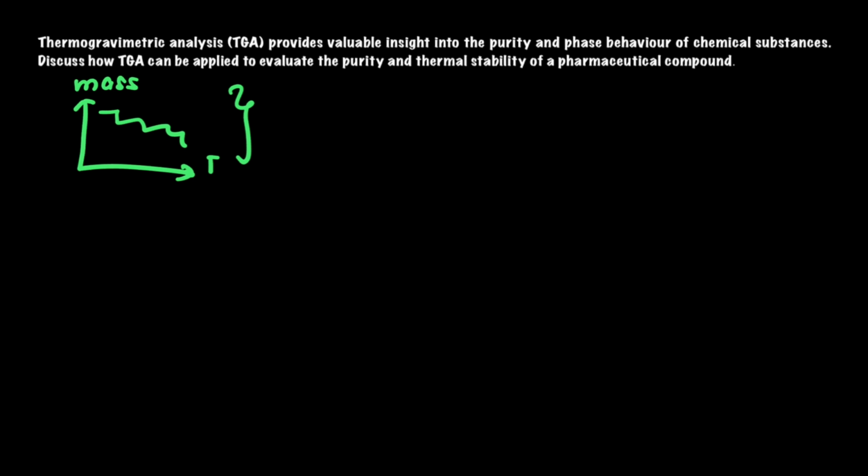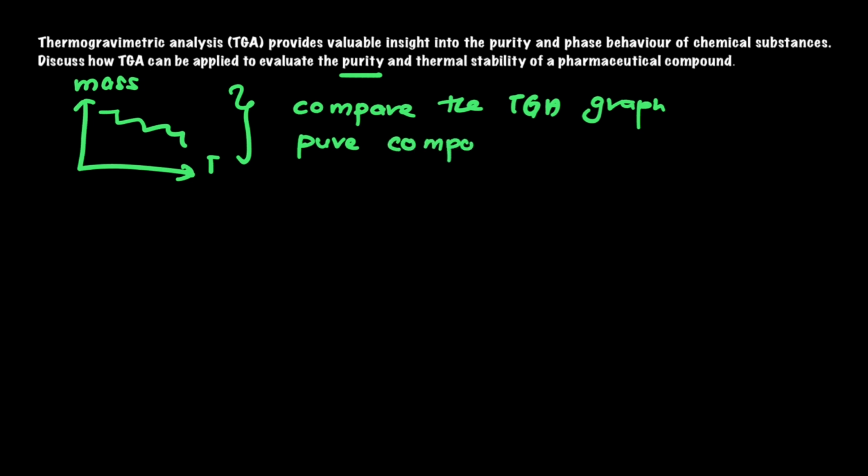So when you want to find the purity of your compound, what you have to do is compare the TGA graph of the pure compound with your sample.